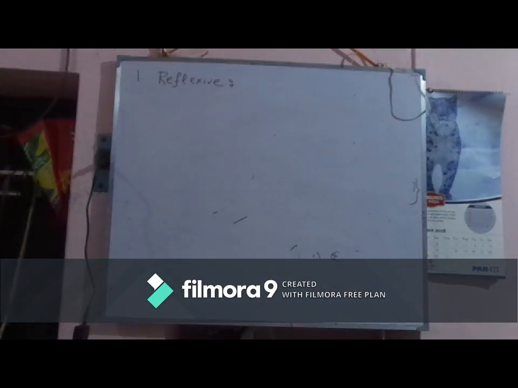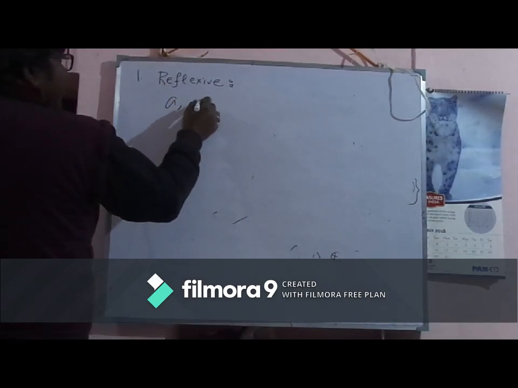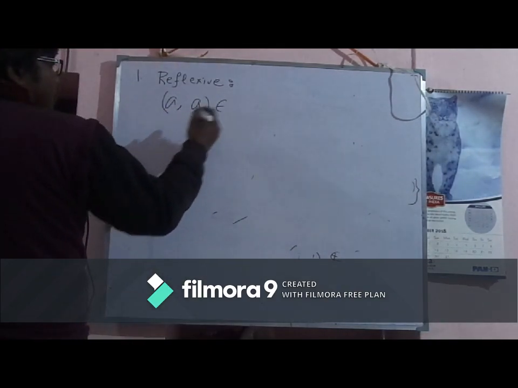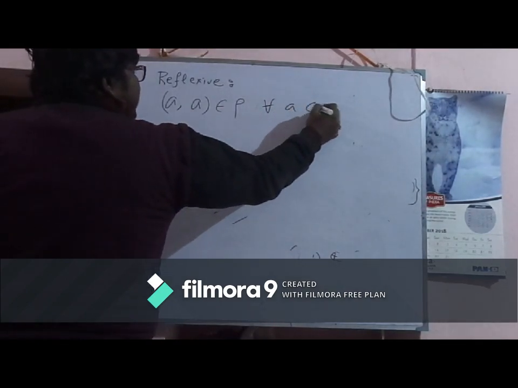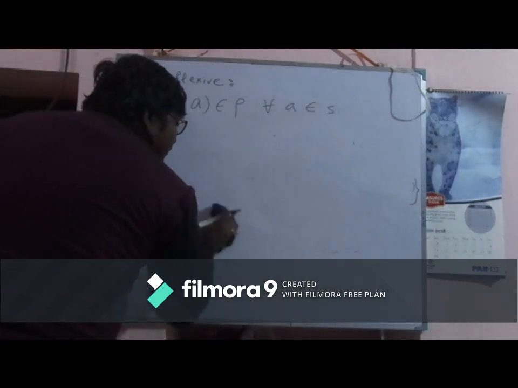The definition: a relation rho is said to be reflexive if every ordered pair (a, a), that is, with two equal components, belongs to rho, for all a belongs to S. If a belongs to S, then the ordered pair (a, a) must belong to rho. Then we say that the relation rho is reflexive.